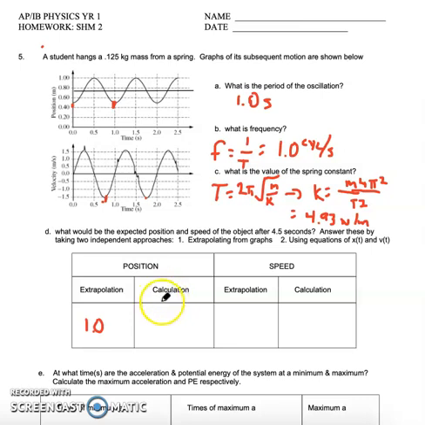In terms of calculating this, we want to know what the proper trig function is. Remember, our generic equation for x as a function of time is A cosine omega t. But the cosine could actually be signed depending on what our initial conditions are. So let's look at the graph of position. So what type of trig function do we have here?